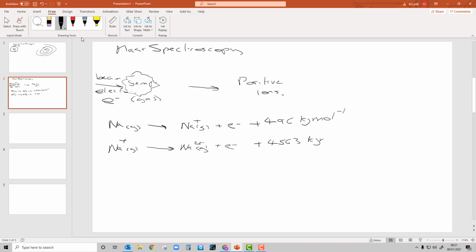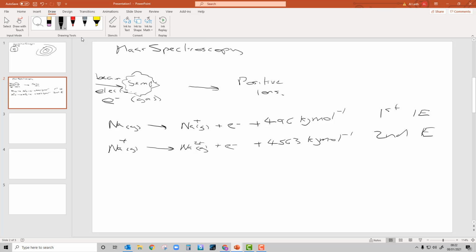kilojoules per mole. Okay, so straight away, this is the first ionization energy. This is the second ionization energy. All right. So what we've done now is remove the electron, and we'll see what we're talking about here because I'll put the diagram up for this in general.